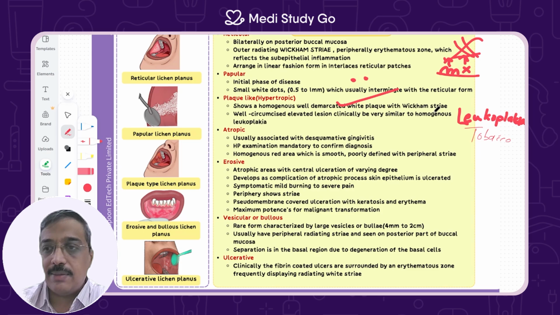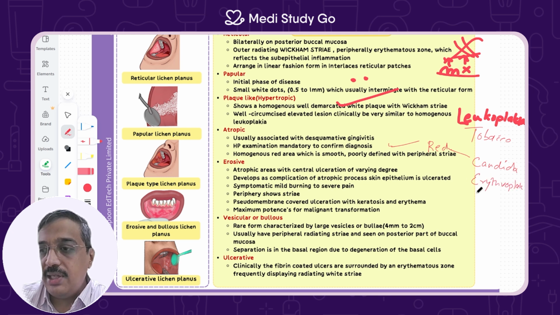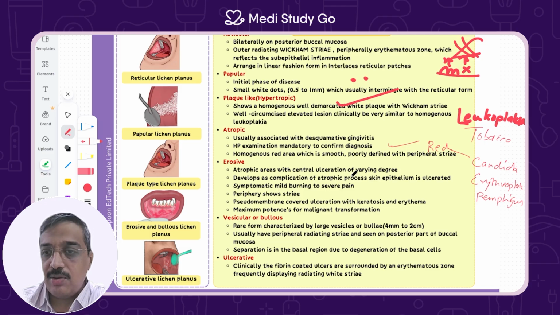Atrophic lichen planus is something in which the superficial epithelium is lost and it becomes red in color. So you will have red lesions. Here my differential diagnosis will be candida, erythroplakia, and even pemphigus. Atrophic as well as erosive lichen planus are very painful.